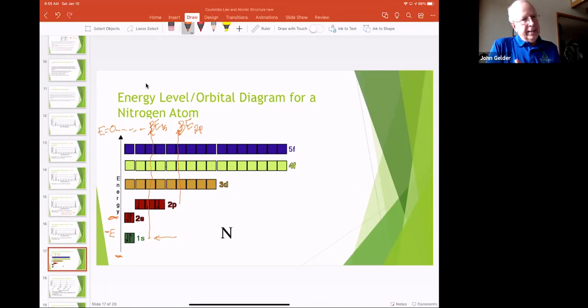The term energy, when it's associated with an electron, we can talk about binding energies, or the energy of the electron in an atom. And so it can be a little bit confusing.